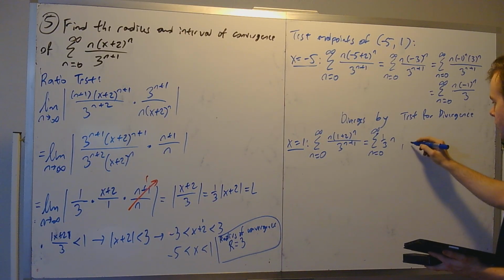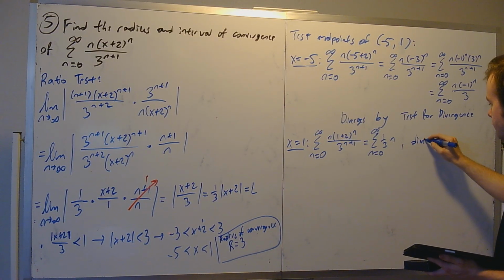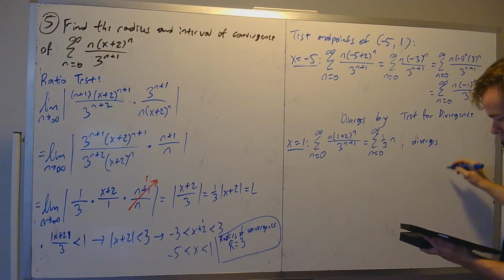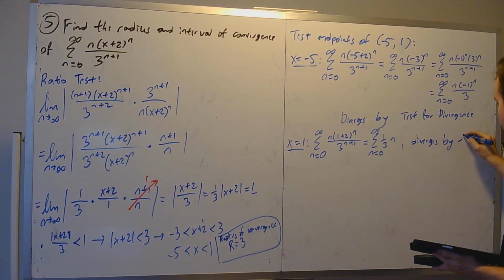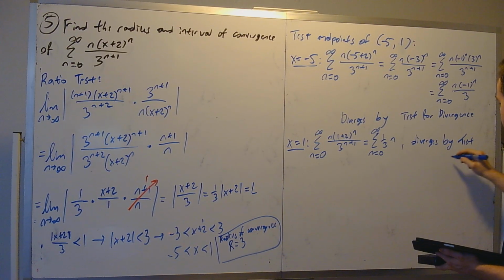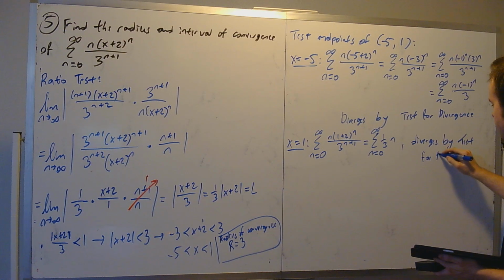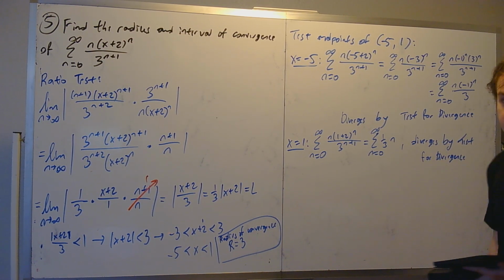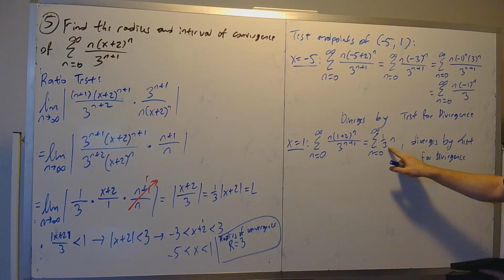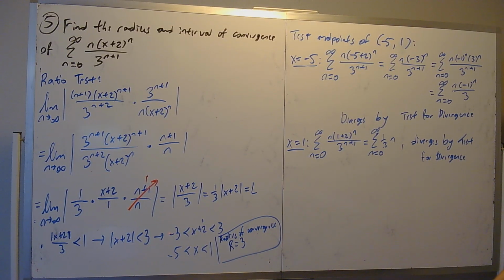So I'll say that this diverges, again, by the test for divergence, because if you take the limit as n goes to infinity, this is going towards infinity, which is certainly not 0.